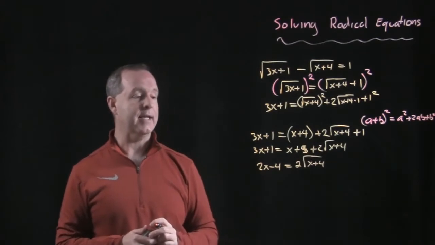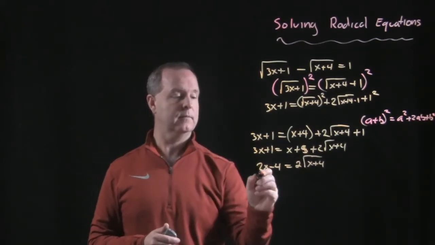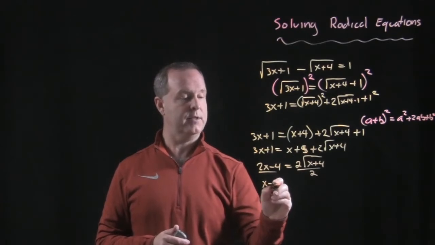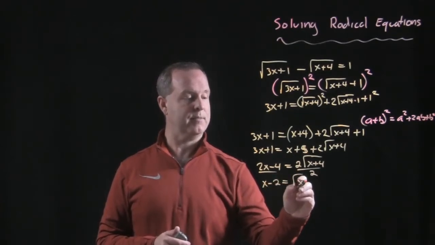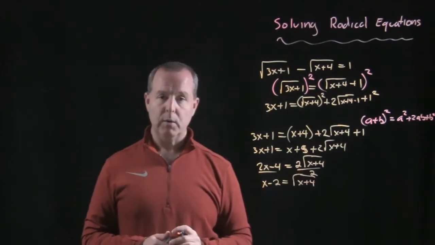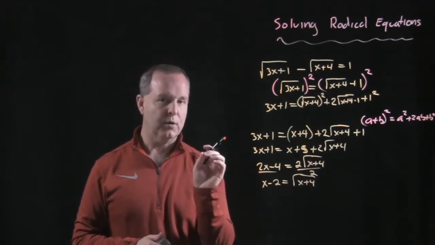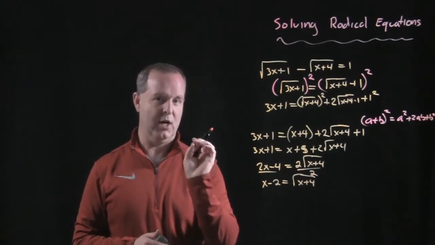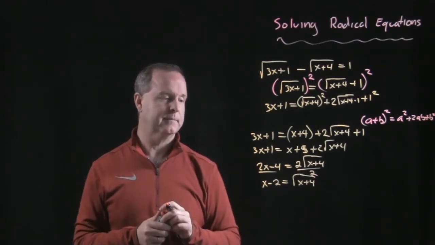It looks like I can divide both sides by 2 to help clean it up a little bit more. So I have an x minus a 2 equals root x plus 4. Whew. Again, little problems can help us solve big problems.